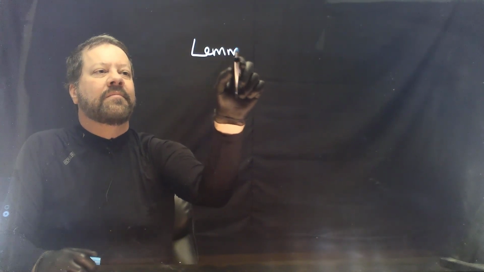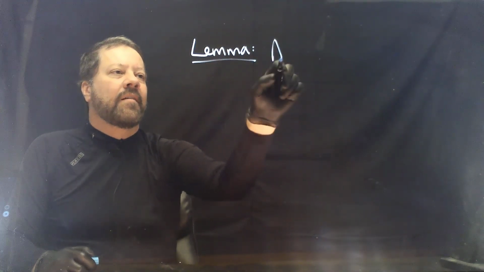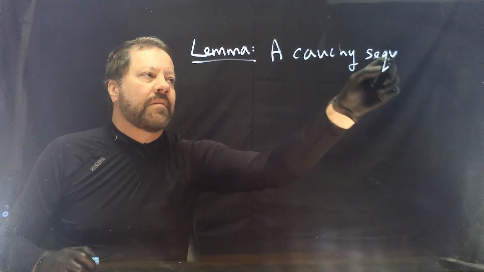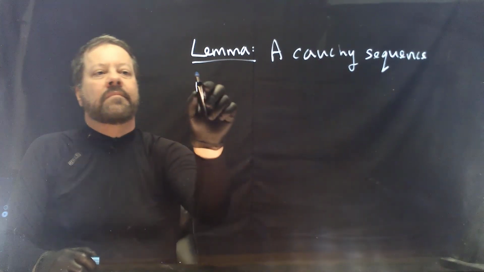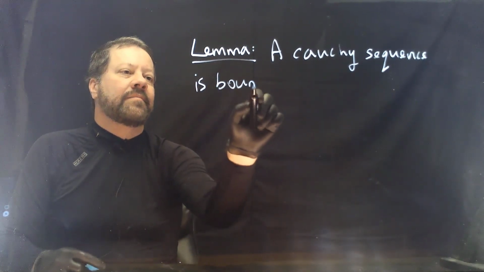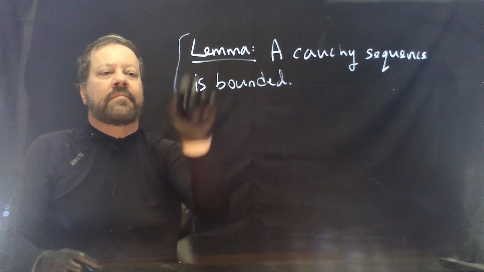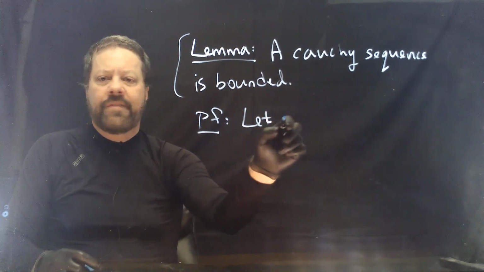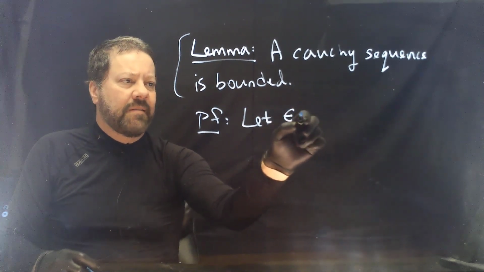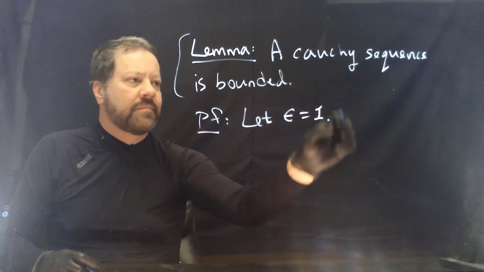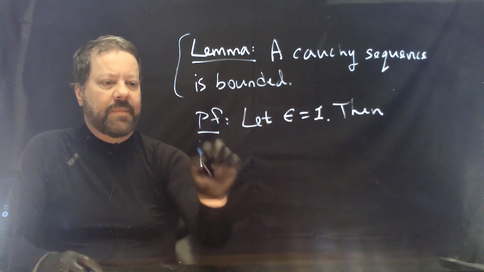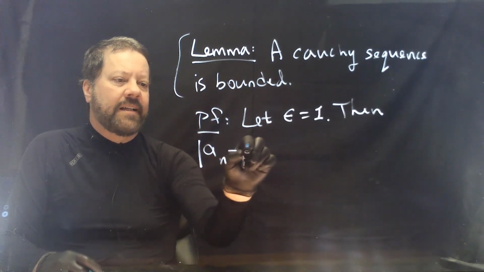To prove the other direction, we'll need the following lemma. A Cauchy sequence is bounded. And to prove this, we'll start off by saying, suppose epsilon is 1. The sequence is Cauchy, so we can talk about the difference between, say, a_n and a_(n+1).